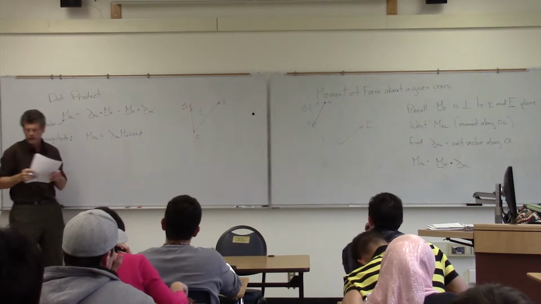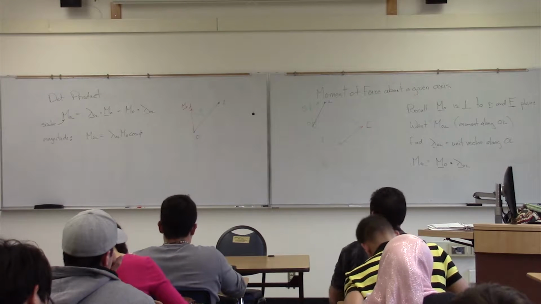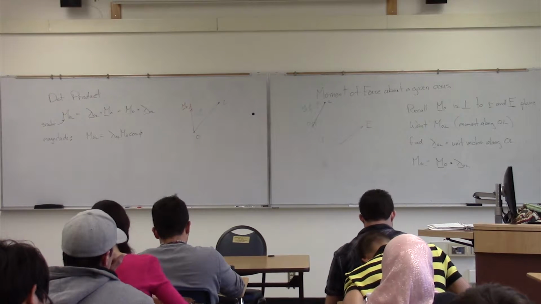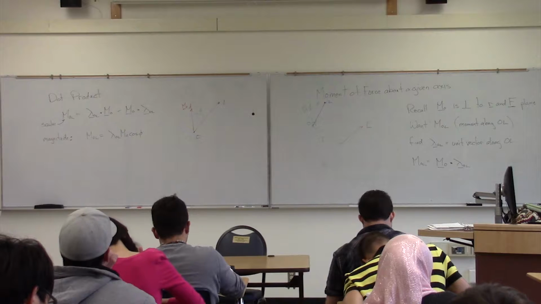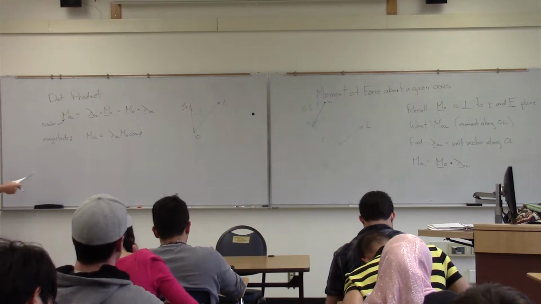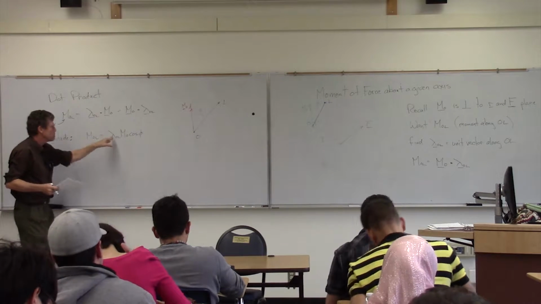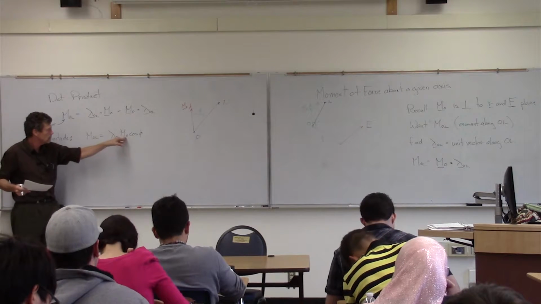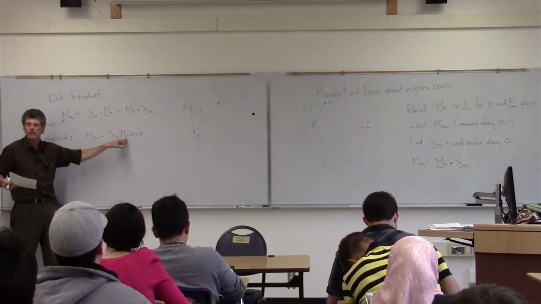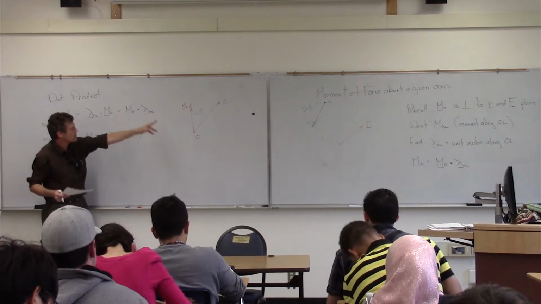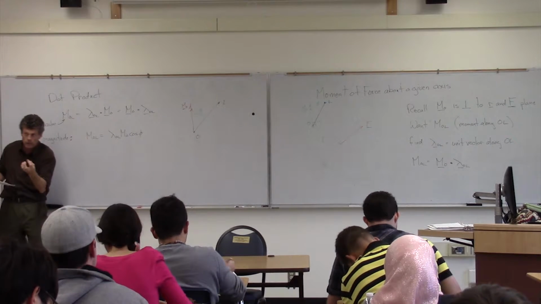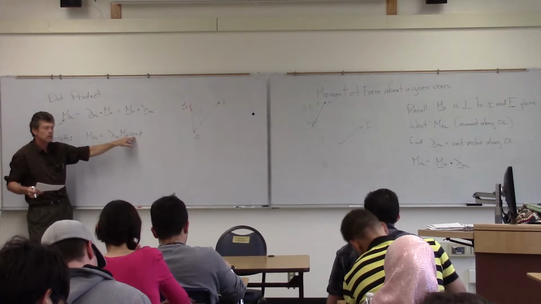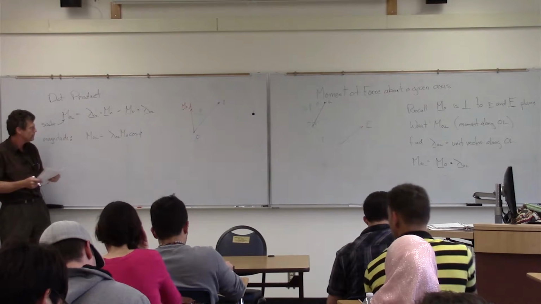And what we'll see is the difference between the cross product and the dot product is instead of a sine there, it's going to be a cosine. So it's the magnitude of this vector, OL, times the magnitude of the moment at O. So that's that perpendicular piece there, but it's the magnitude. And then it's times the cosine of that angle there.